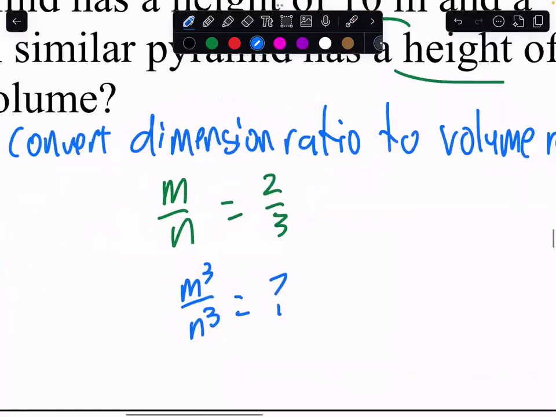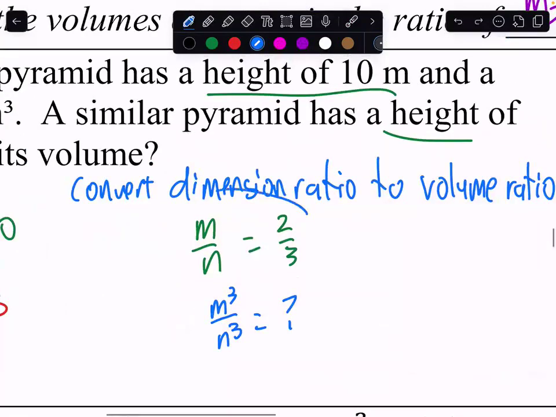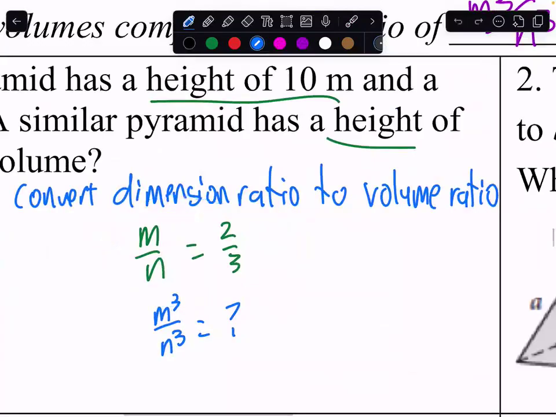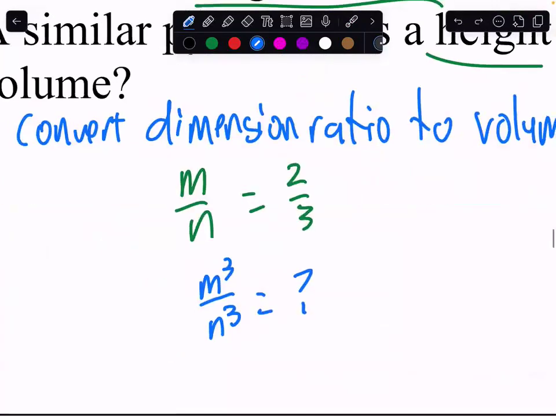All right, so this is technically what we're trying to do, right? We're trying to figure out what is the volume ratio, what is m cubed over n cubed. We'll use the dimension ratio to create the volume ratio, right? You have m and you want m cubed, so you have to cube every part. Okay, so every single part of this proportion, you're going to put an exponent of 3 on it.